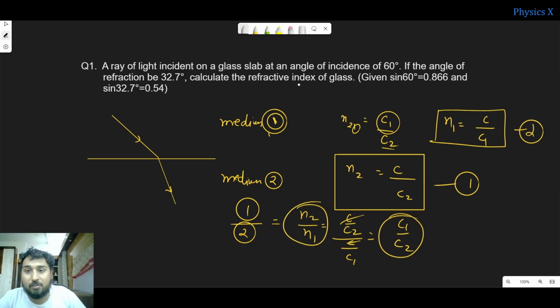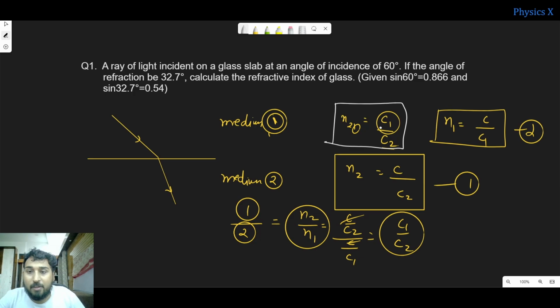So this is also what I have written. n21 is equal to c1 upon c2, and what we got, c1 by c2, is n2 by n1. That means n21 is equal to n2 by n1. This is the relation I wanted to tell you.